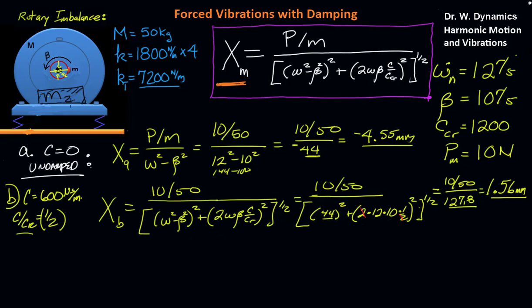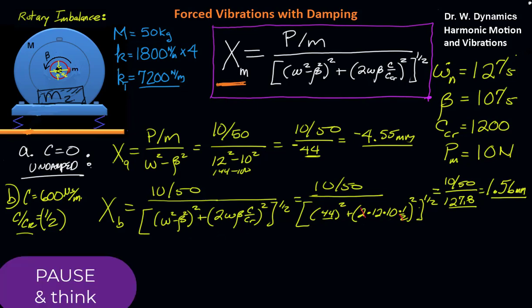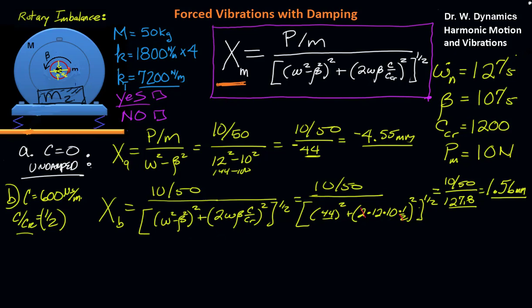What if the new guy comes and said, let's add weight to this? Let's just put some mass on here, and that ought to slow the system down and improve these vibrations. Is that a good idea or a bad idea? Yes, good idea, or no, bad idea? Well, if we add weight to the system, that's going to change the natural driving frequency, and omega natural is the square root of k on m.